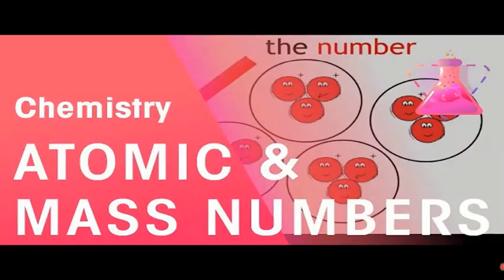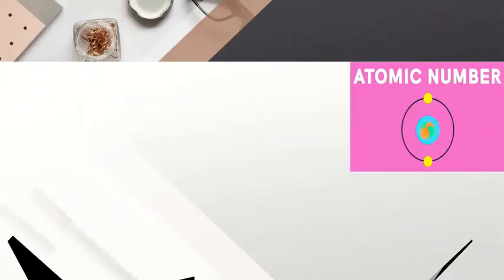Now, today our main topic is atomic number and mass number. Today in this class we will learn atomic number and mass number. What is atomic number? Already you know this. Atomic number is the proton number.